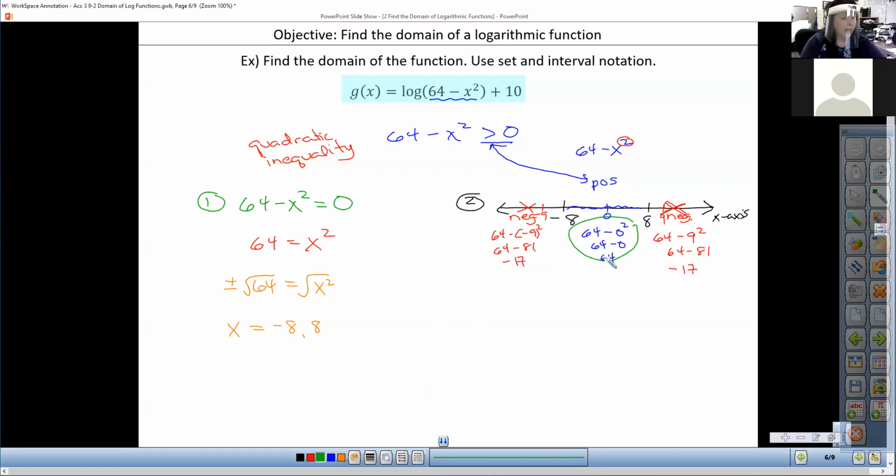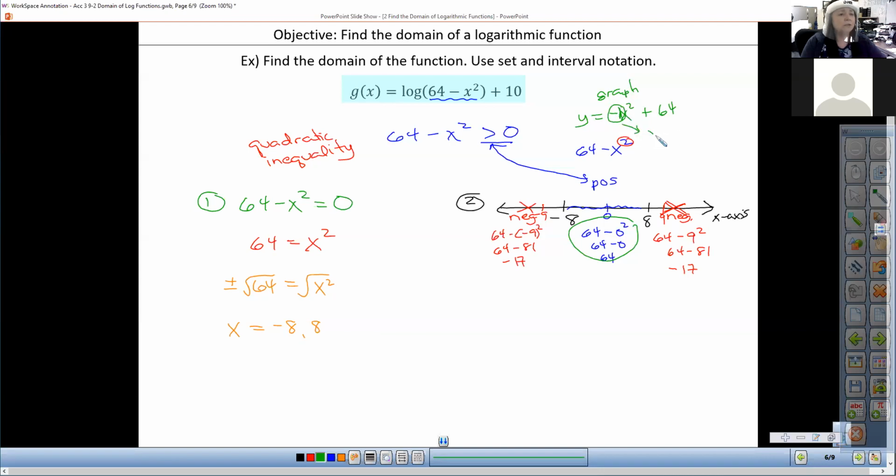The other way, as some of you might recall, is to look at it graphically. And by it, I mean 64 minus x squared. Look at this as a function, y equals negative x squared plus 64, which graphs as a parabola. So look at this graph. Now, this graph has an a value of negative 1.